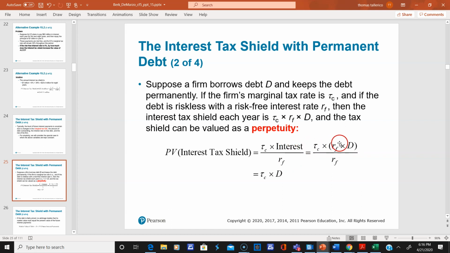The interest is the risk-free rate times the debt, but we have the risk-free rate here, right? So the risk-free rate cancels the risk-free rate. So the present value of the interest tax shield on a perpetuity is the corporate rate times the debt. That's it. That's, of course, if you use the risk-free rate, right? Well, whatever.